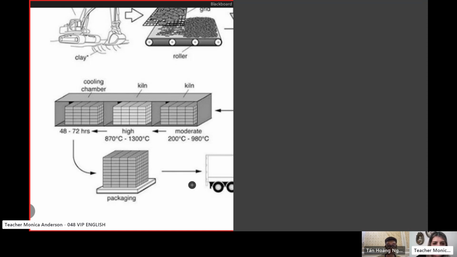And you can add the temperature, for example, 87 to 100 degrees, followed by a cooling process in a chamber for 2 or 3 days. Okay, you have it.